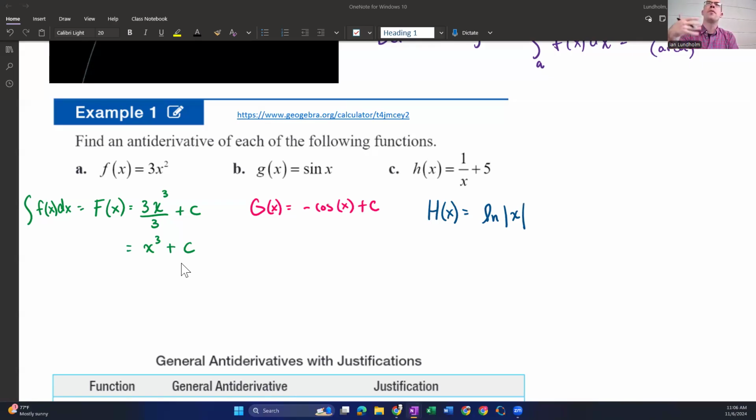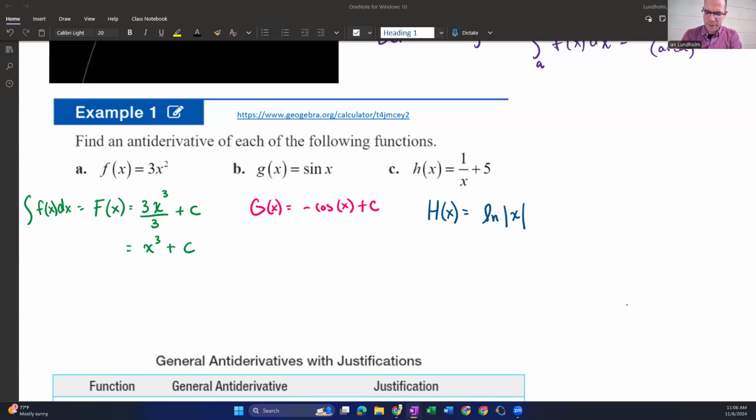So depending on the domain of this function, like little h, you could put positive and negative values in for h, but we wouldn't want to put negative values into the natural log. So making this an absolute value means that we're going to be able to put negative x's in there as well. Maybe we'll take a look at a graph real quick after I do this.